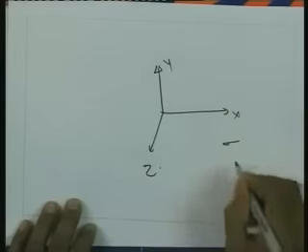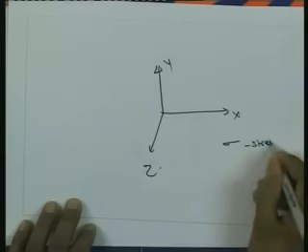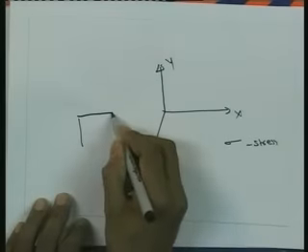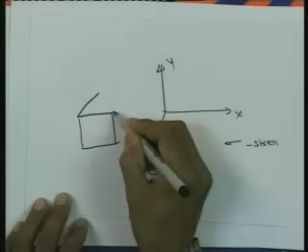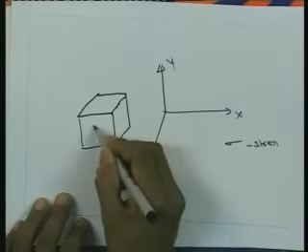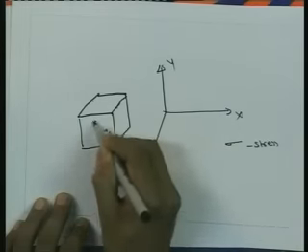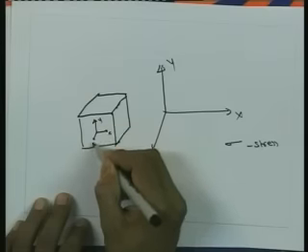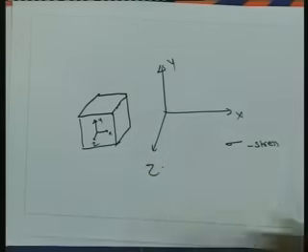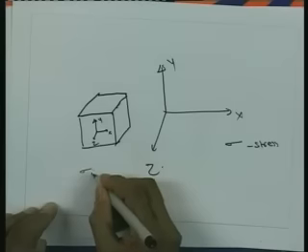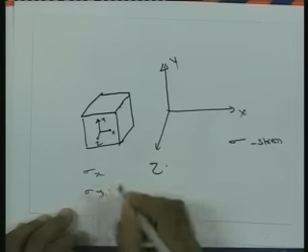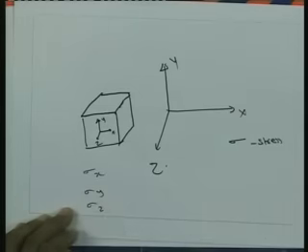So, for example, if sigma is the normal stress, and you consider a body like this in 3 dimensions, with x, y and z, the normal stress acting from the x direction can be sigma x, from the y direction it can be sigma y, and from the z direction it can be sigma z.